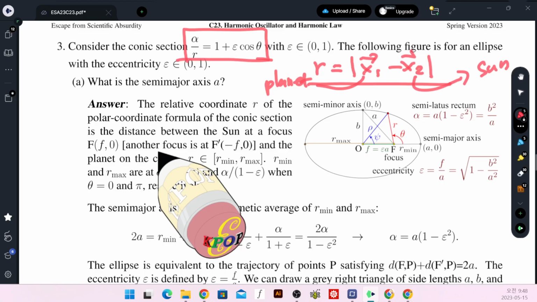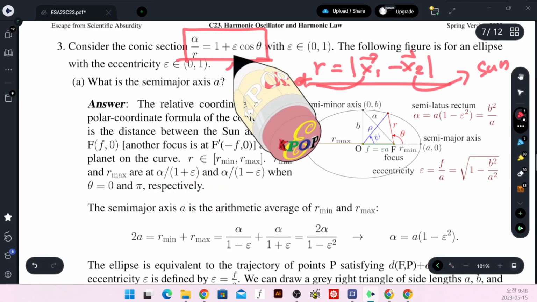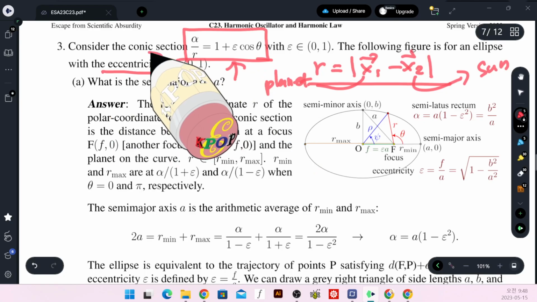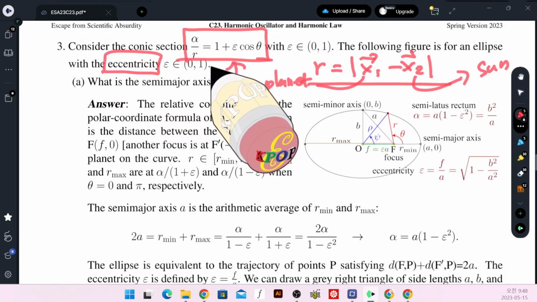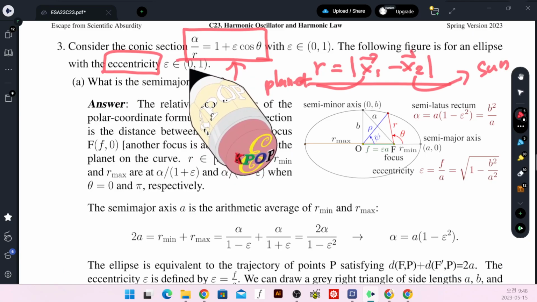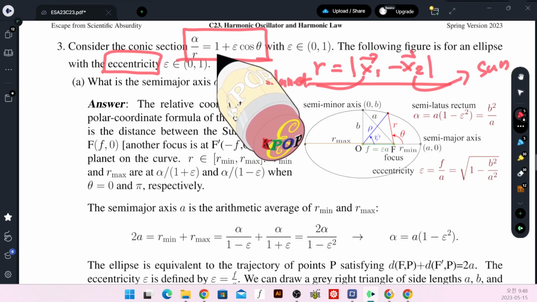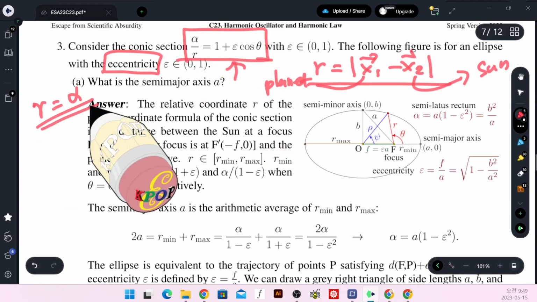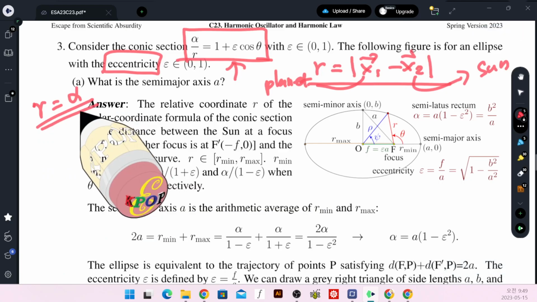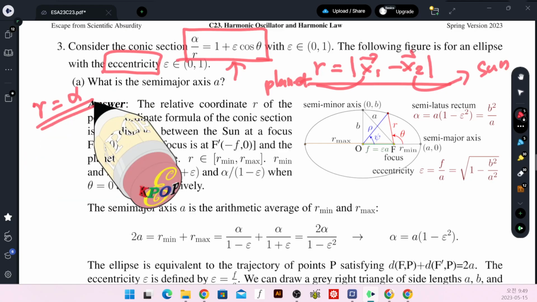And it is parameterized by this expression, where epsilon is the eccentricity that is between 0 and 1. When epsilon equals 0, this equation tells us that the radius is fixed to alpha, that is called the semi-latus rectum. So a circular orbit's radius is alpha.